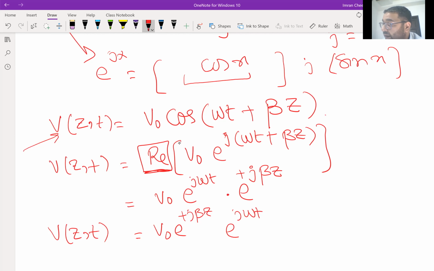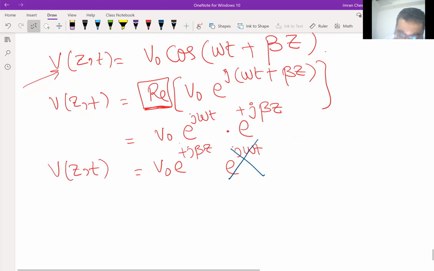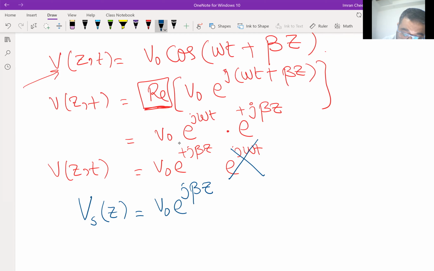EEs know this thing, but for the physics students, this might be a little bit new, but this is not hard to grasp. If I drop this e^(j omega t), I am going to define a voltage which is just a function of e^(j beta z), and this is known as the phasor voltage.